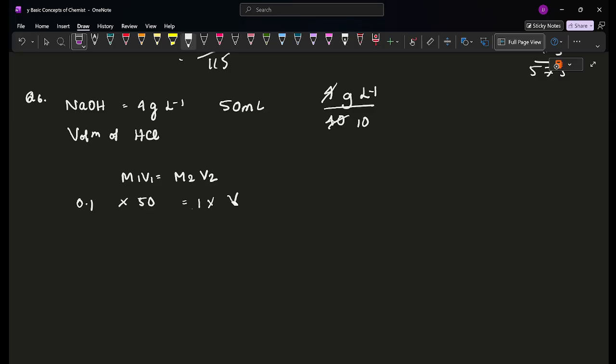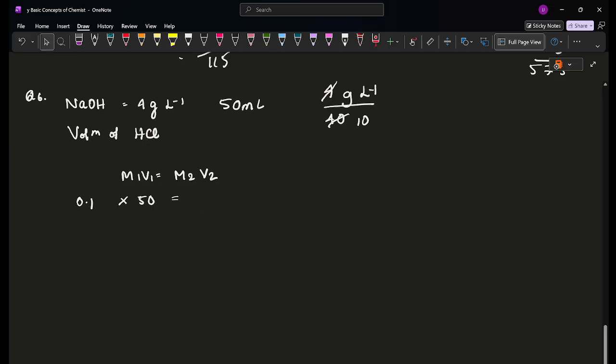Okay, I've understood this part. And this is the same even for HCl.